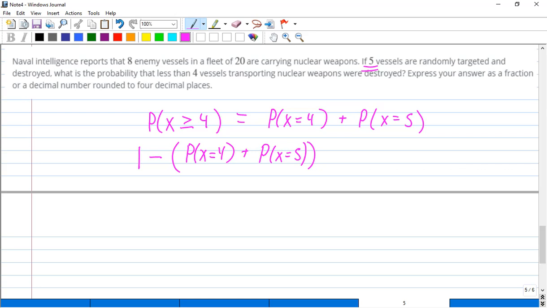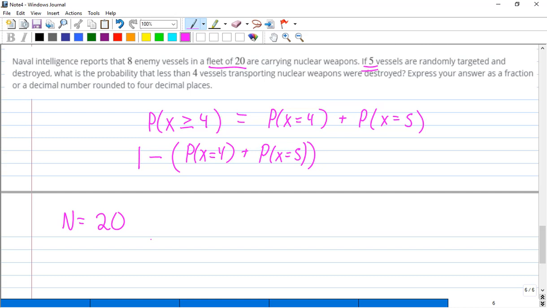So we need to figure out the total number of successes possible in the population, the size of the total population, and the size of the sample drawn. So what is the total population? How many total ships are there? 20. That's the entire population.